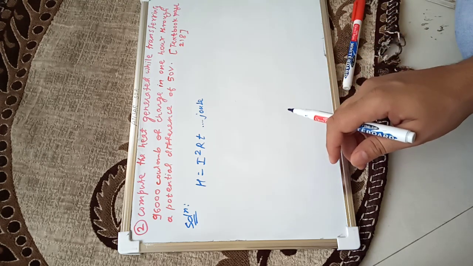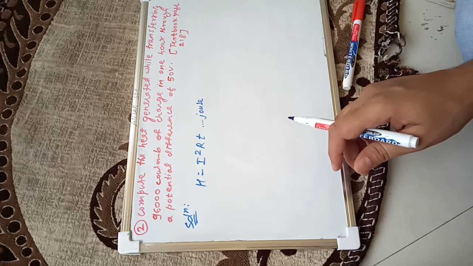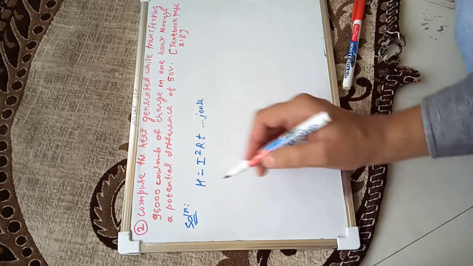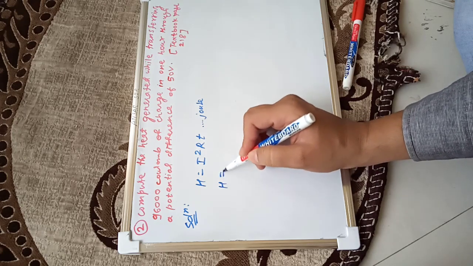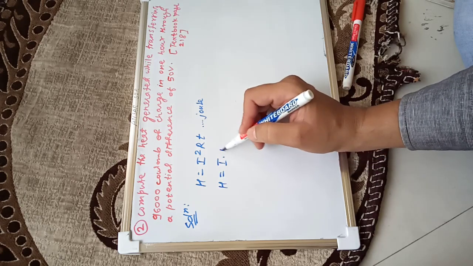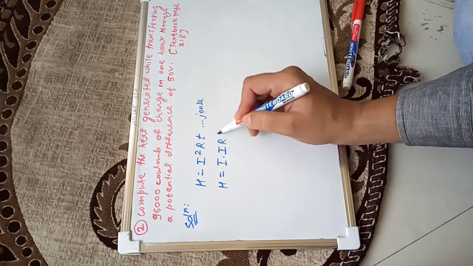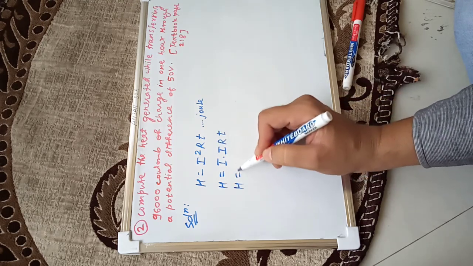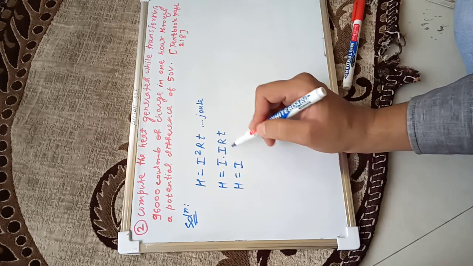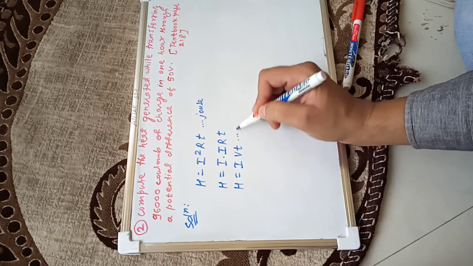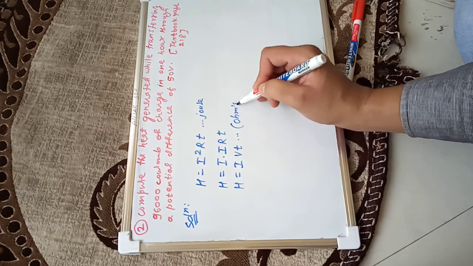So H is equal to I square RT. For that we need resistance, but have they given resistance in this numerical question? No. So we will do one thing. We will write H, I square as I into R into T. What about I into R? It is V, because of Ohm's law. What does Ohm's law say?